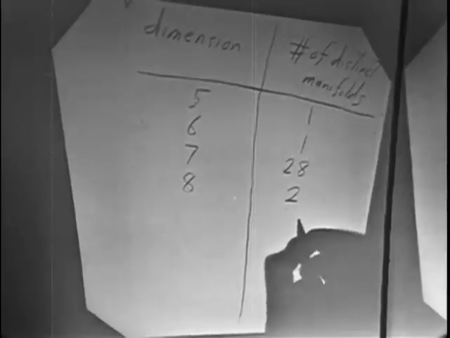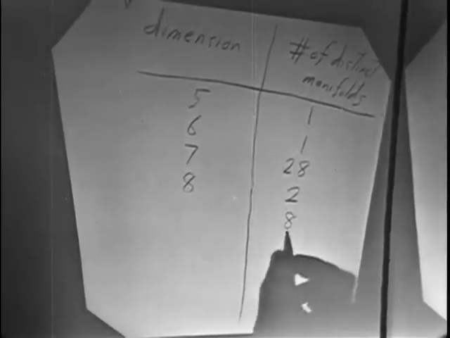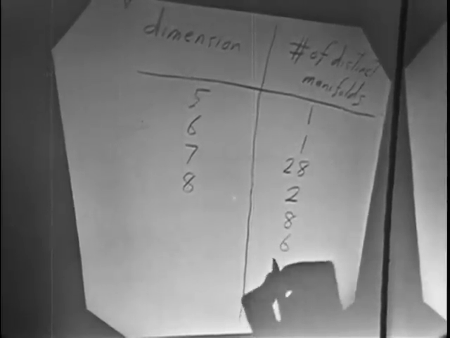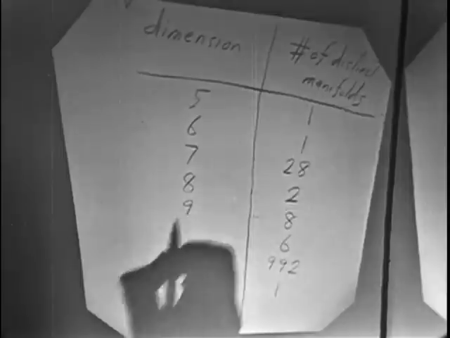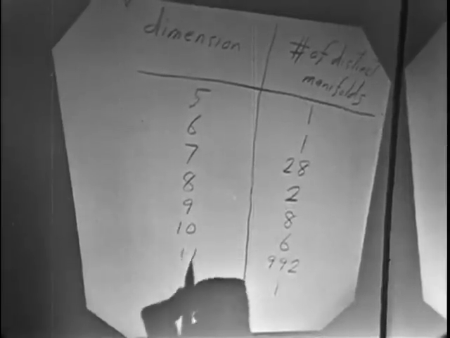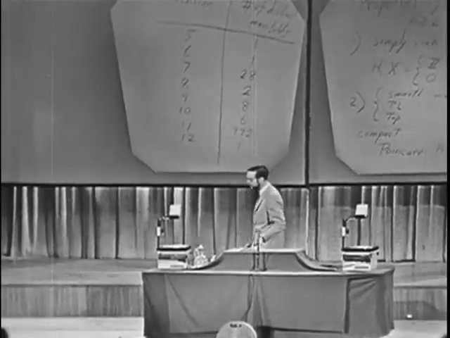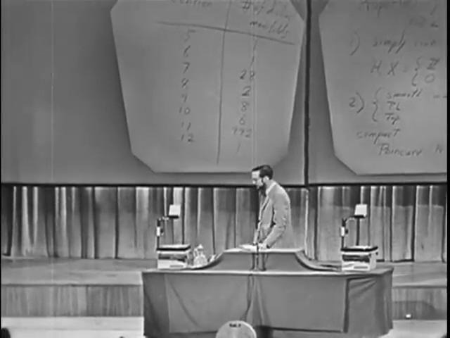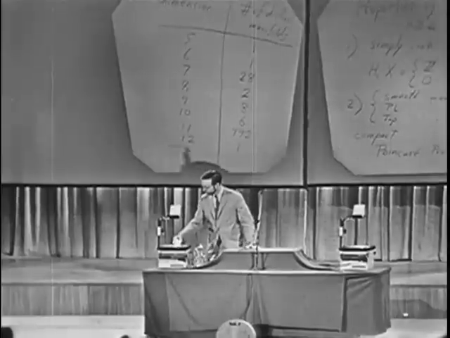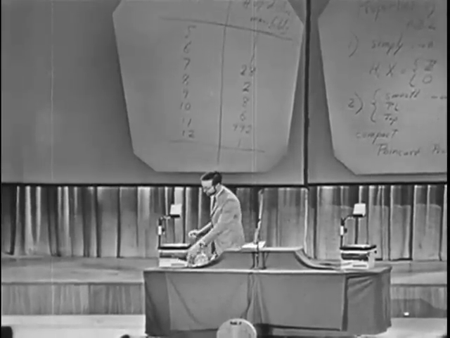And all the numbers look rather erratic. Next we have 8, and 6, and 992, and then 1. So when we get up to dimension 12, we have uniqueness again. Notice that 5, 6, and 12 are the dimensions I noted in which one has a unique manifold.